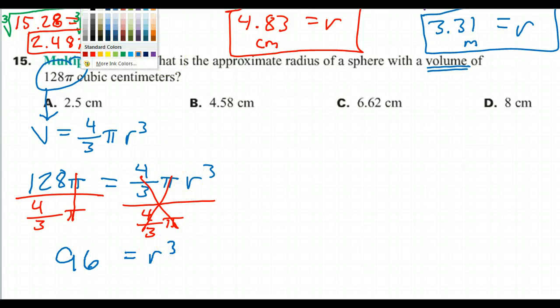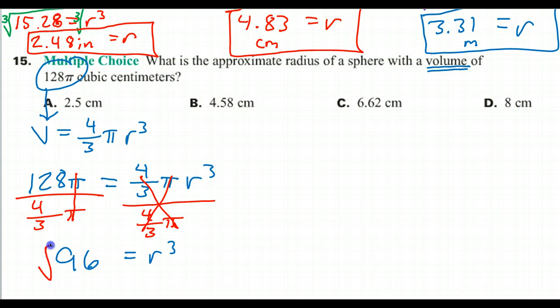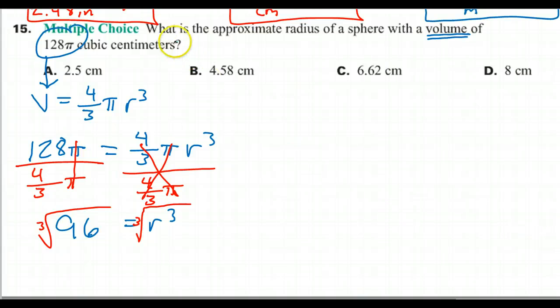How do we uncube things? We do the cube root one last time. That will get r by itself. So if we take the cube root then that's going to give us just plain r, because the cube root and the third power undo each other, and I just have r.